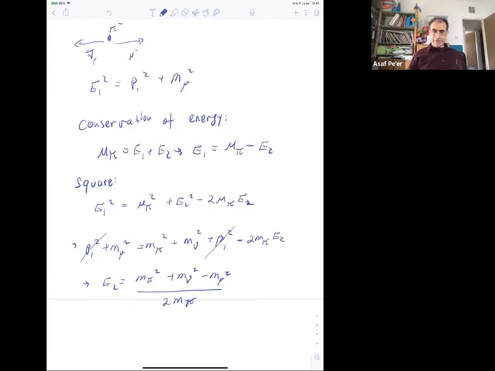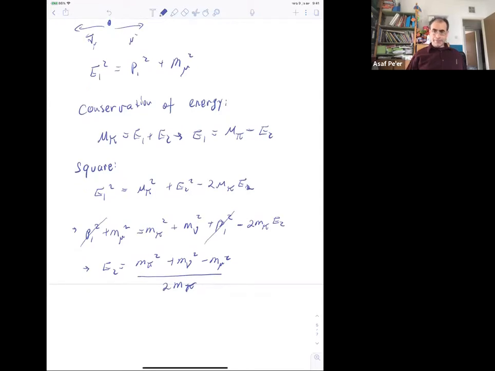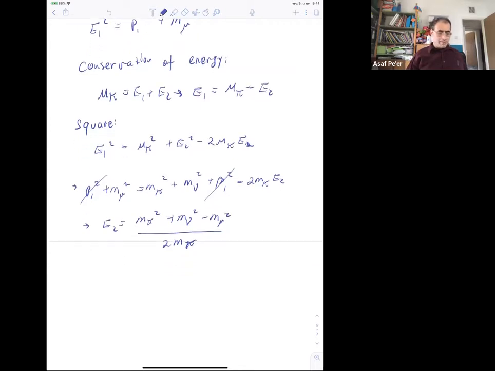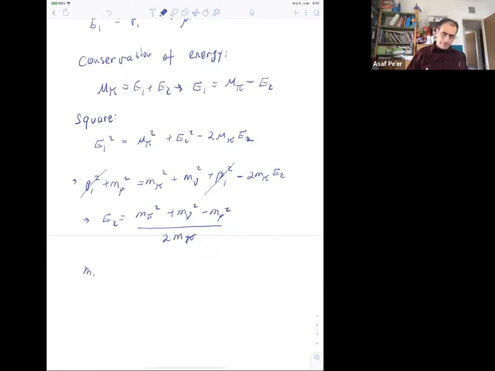The rest is just to look at the table of the masses, the PDG. To get here, you don't need to know anything of the masses. This is the right answer, so the rest is just to plug in the numbers. m_pion is about 140. That's what I remember. The exact value is 139.6 MeV.